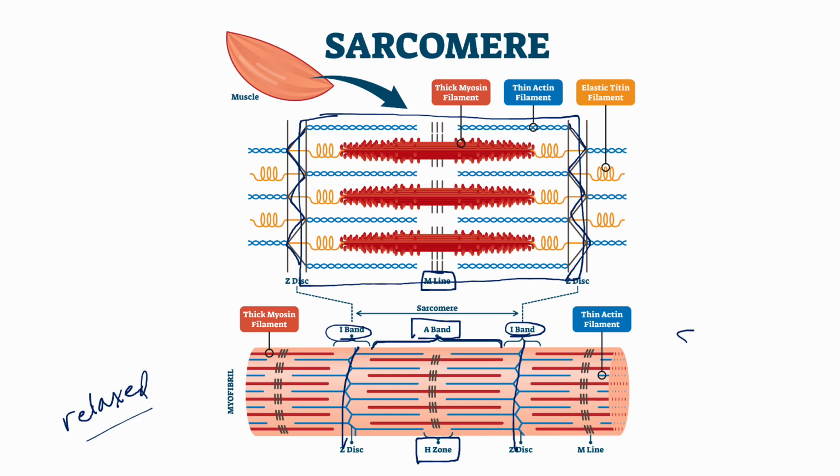The way that's done, and we'll look at this more on the next slide, is called the sliding filament model, which is our explanation for how this works. What that means is that neither the myosin nor the actin filaments themselves are actually getting smaller, but they're sliding past one another, which shortens the sarcomere. We're going to look at a little bit more about the filaments, and then we'll look at how this sliding filament model actually works.